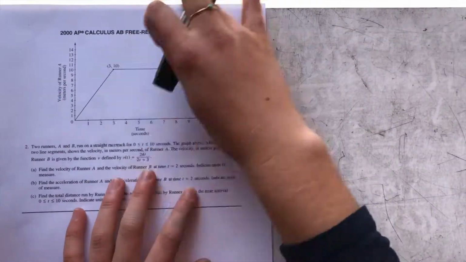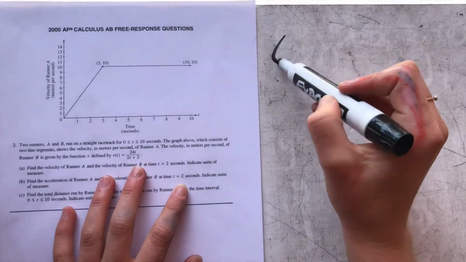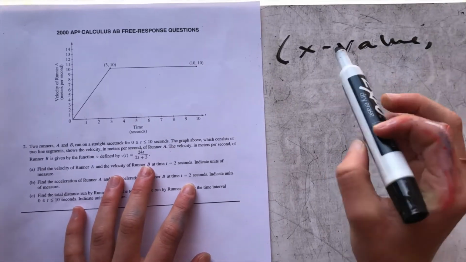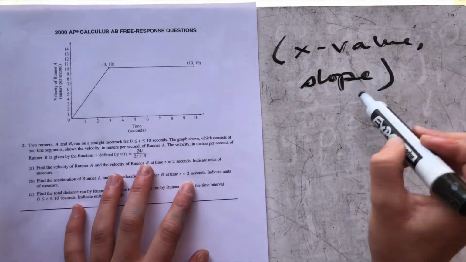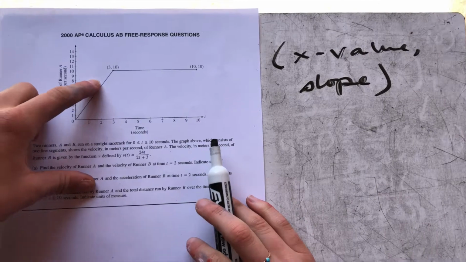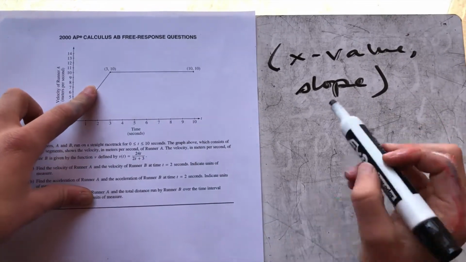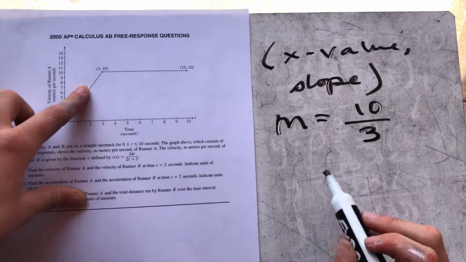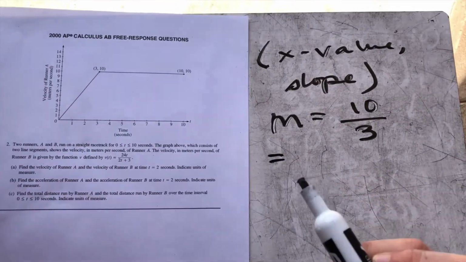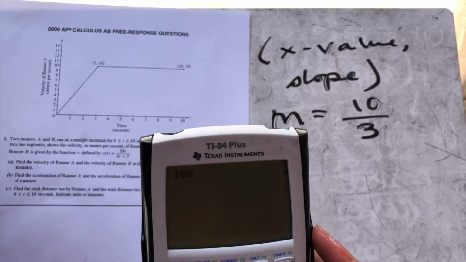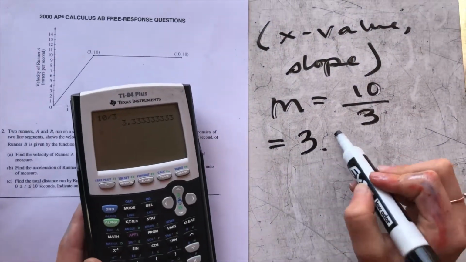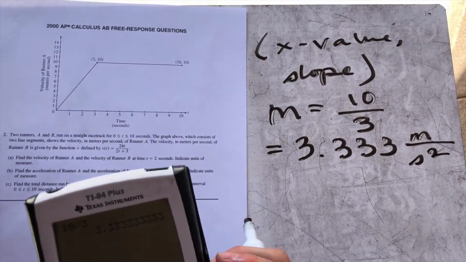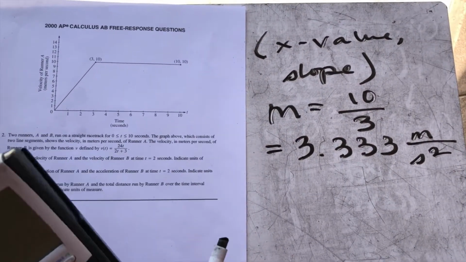We know from class that the derivative at a point is the x value, comma, the slope at that point. The slope at t equals 2 is 10 over 3. So all we need to do is divide 10 by 3, and that is our acceleration for runner A at t equals 2 seconds.